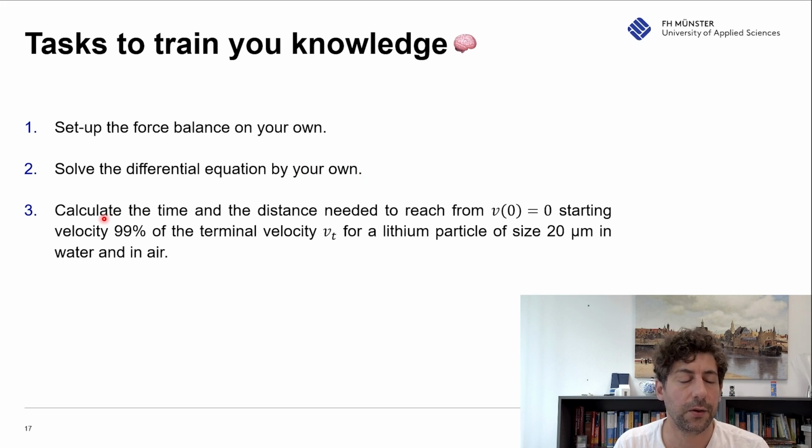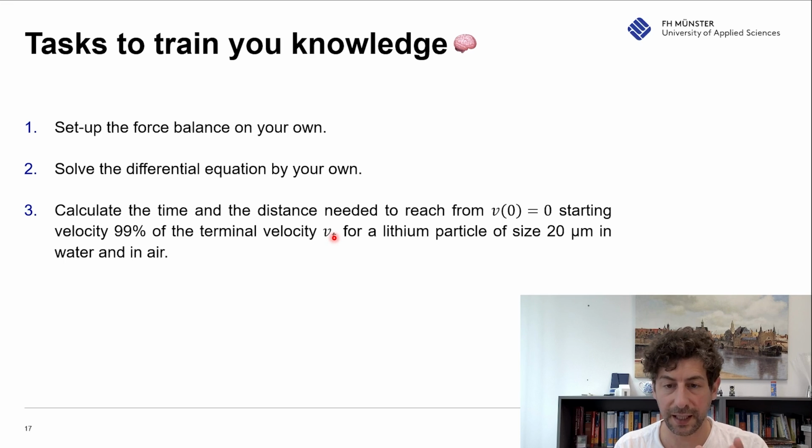And then as a third task, calculate the time and the distance needed to go from velocity 0 at time 0, so that's the starting velocity, to 99% of the terminal velocity.